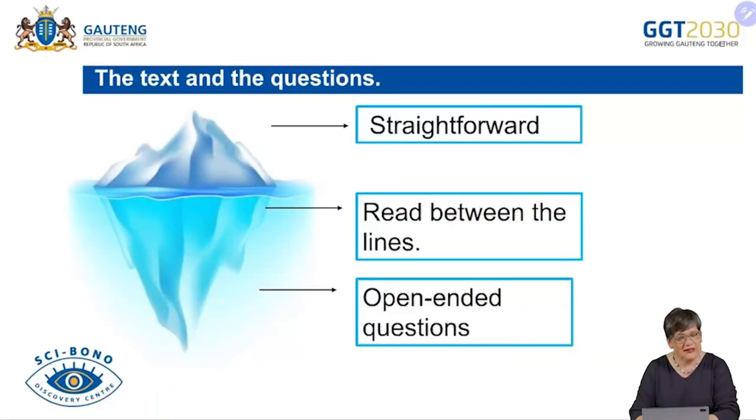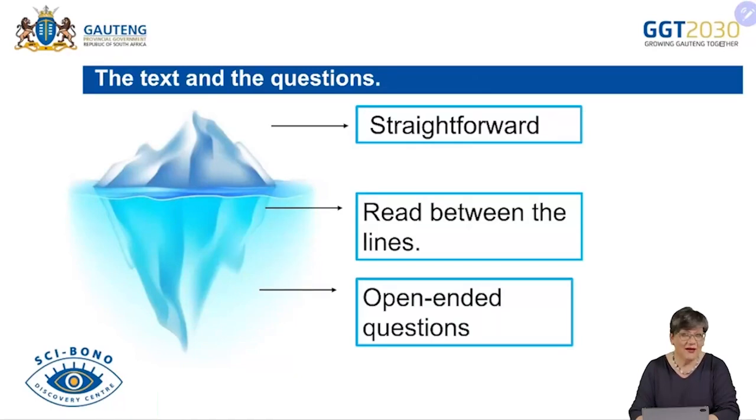If I look at your text and if you look at your questions, we can compare it to an iceberg. On the left-hand side of your screen, you'll see an iceberg. Some part of the iceberg is above the water and is visible, but the biggest part is underneath the water and not visible.